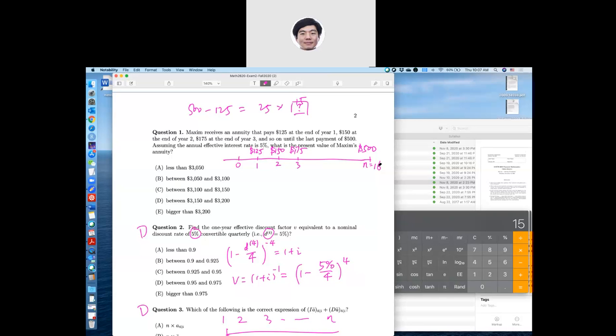Obviously, this is an increasing annuity, but it's not 1, 2, 3, 4, right? So for all the increasing annuities, if the amount is fixed, you need to figure out that amount, and that amount is 25. And make 25 the first one. Of course, you have 100 left, right? That's how you decompose, right?